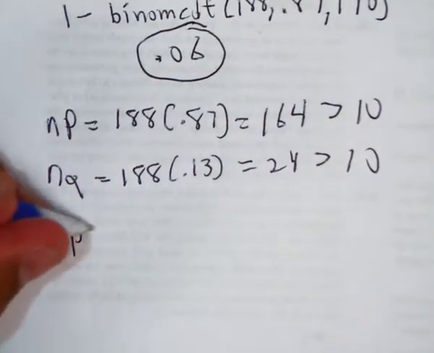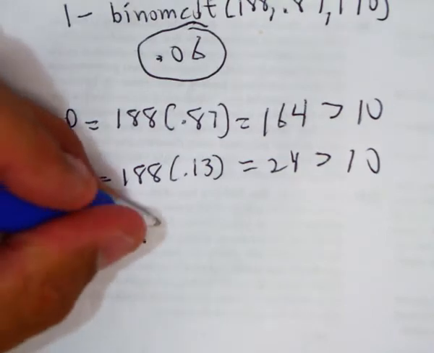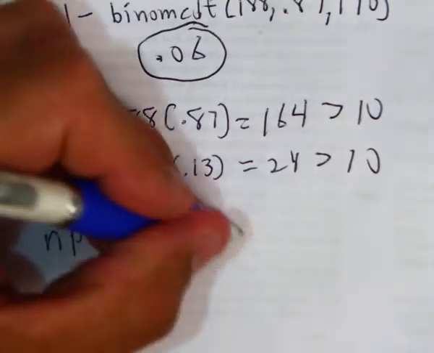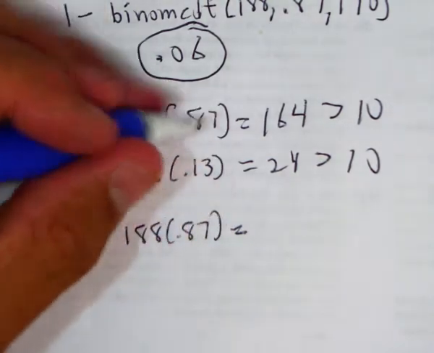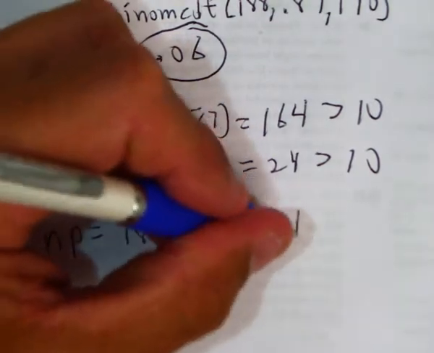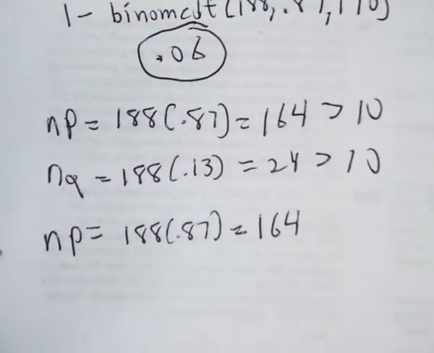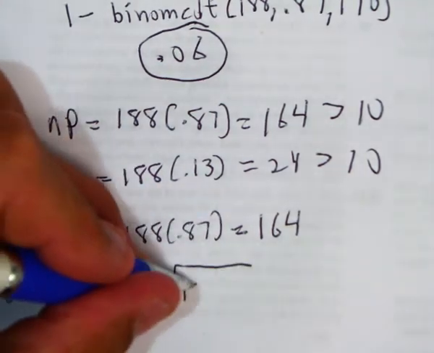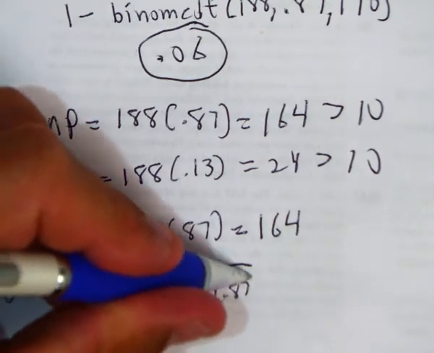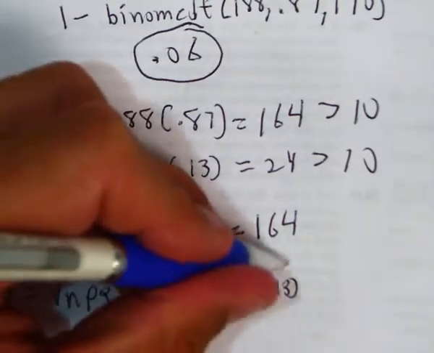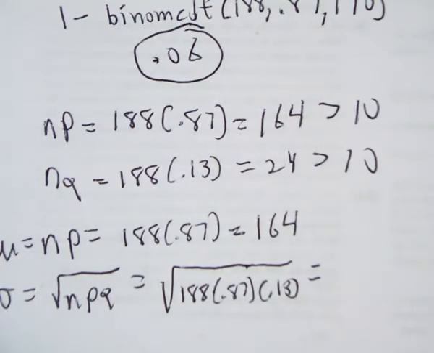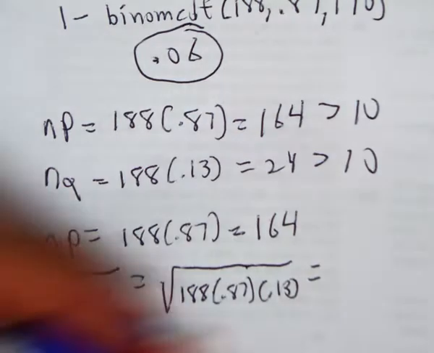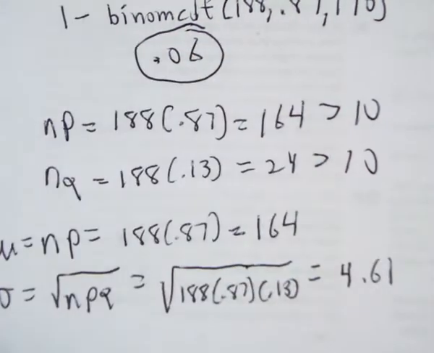Well, what is np? np is 188 times 0.87, so that's about 164, and that would be our mean. Our standard deviation would be the square root of npq, which is the square root of 188 times 0.87 times 0.13. If you do those out, you get about 4.61.